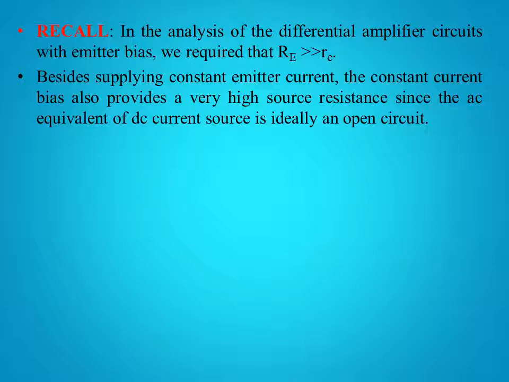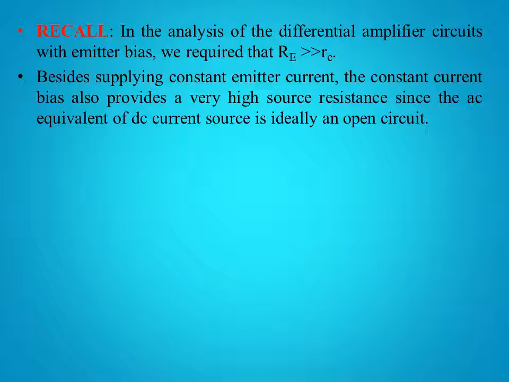So that is required from the above condition. What does it mean? For the differential amplifier to behave properly and to calculate voltage gain, output resistance, input resistance, we have taken the approximation that capital RE should be very much greater than small re, that is the AC emitter resistance of the transistors.